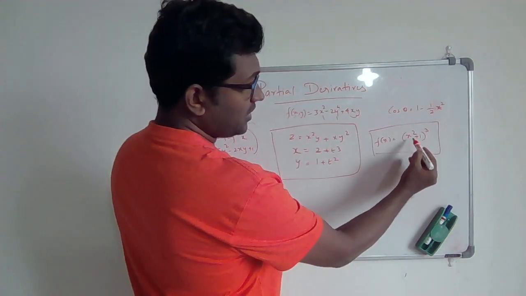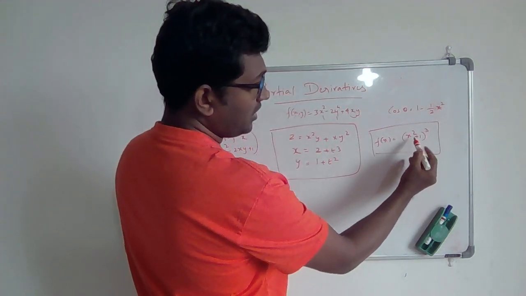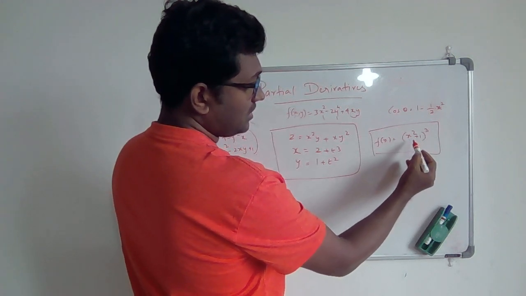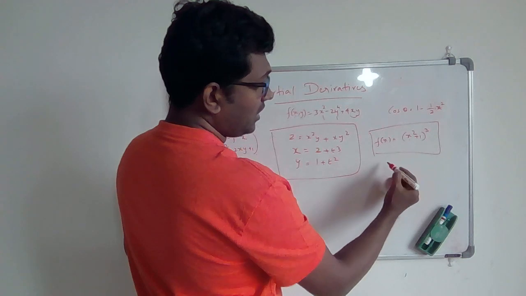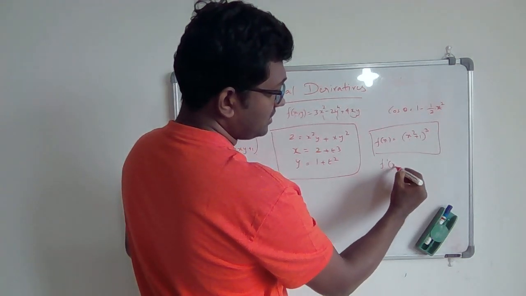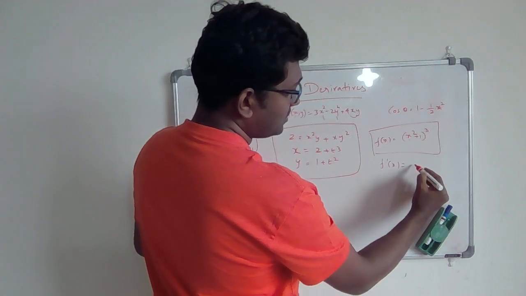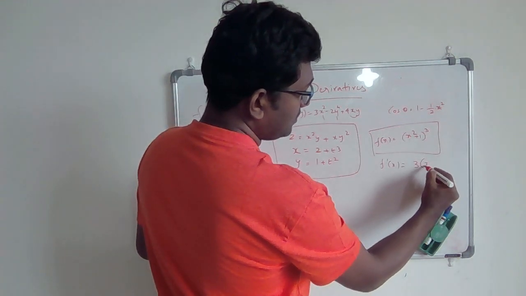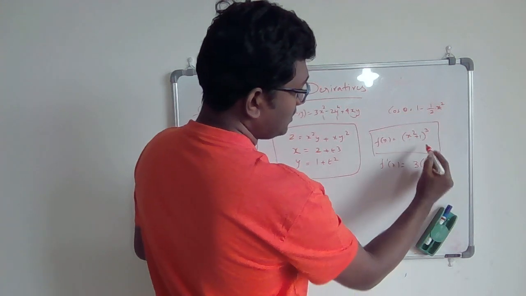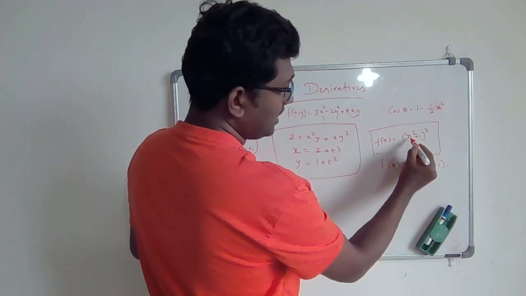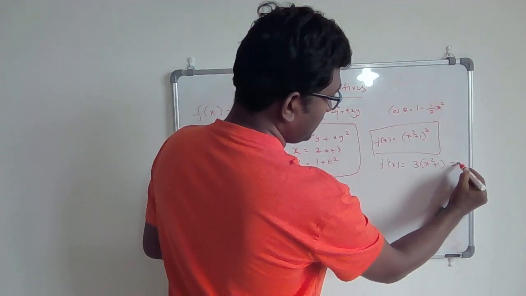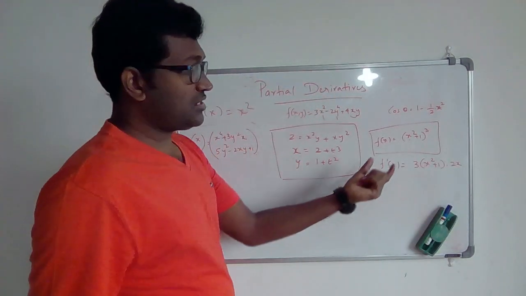So this is a function where you have x as an input. If you take the derivative of this, that is f dash of x, it becomes 3 into x squared plus 1, the whole squared, and then you have x squared inside as well. So we need to take the derivative of that, and it becomes 2x. This is what we call the chain rule.